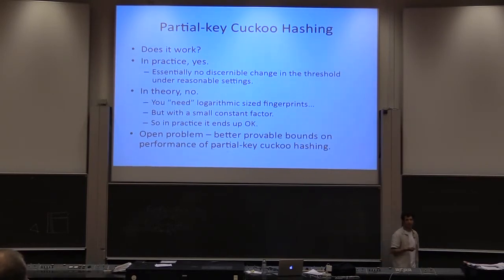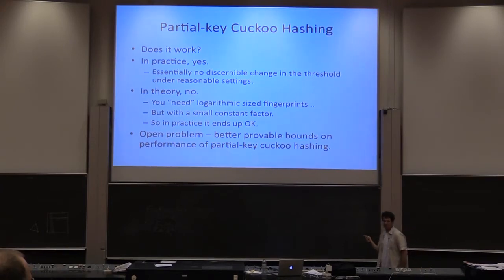So twice the bucket size of 4 gives us a constant factor of 1/8. So the theory tells us that you need a logarithmic sized fingerprint, but that is like 1/8 of log n.